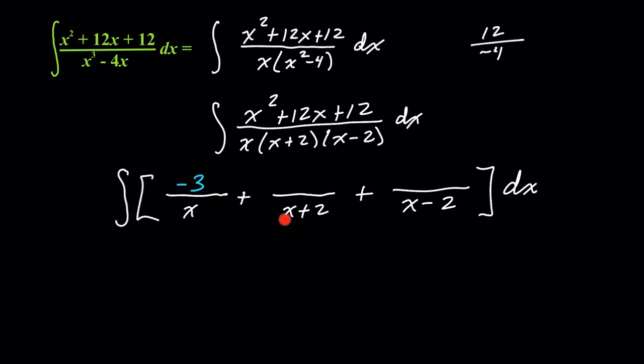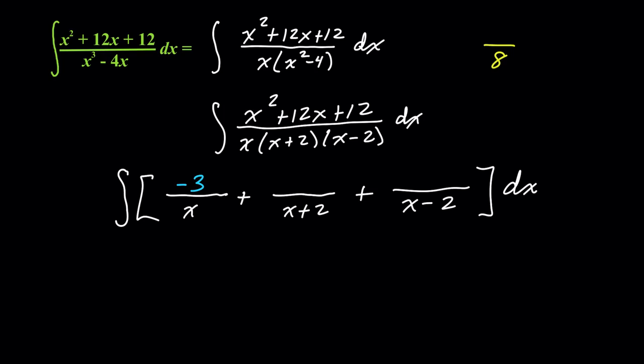All right, so now we're going to plug negative 2 in for x, but plugging negative 2 in for x, we're going to ignore this term. So your denominator is going to be negative 2 multiplied by negative 2 minus 2. So that's going to give you negative 2 times negative 4, which is positive 8 for a denominator.